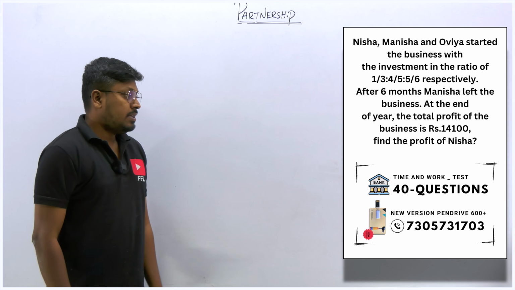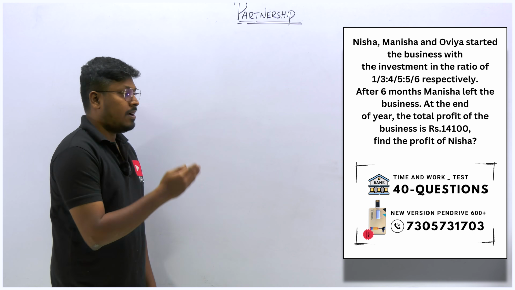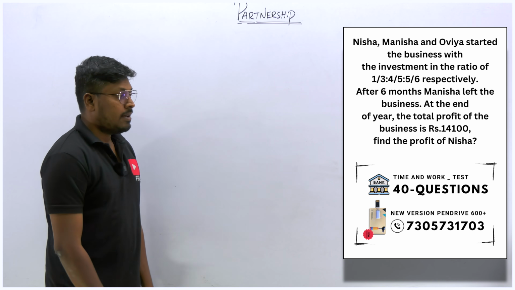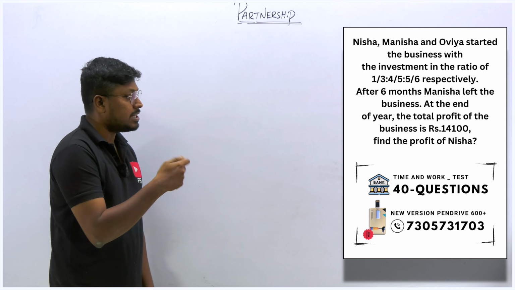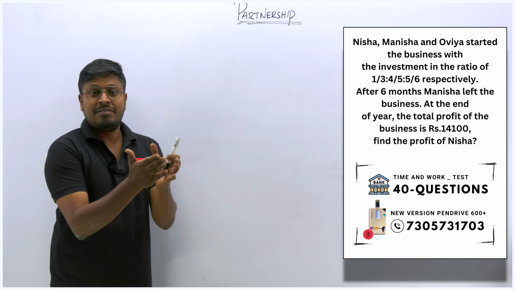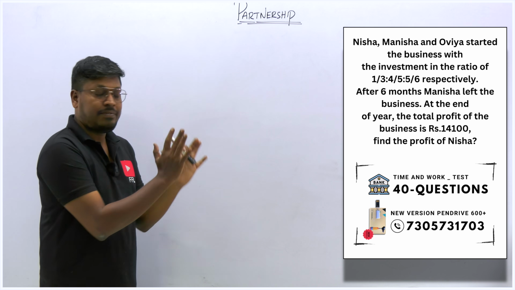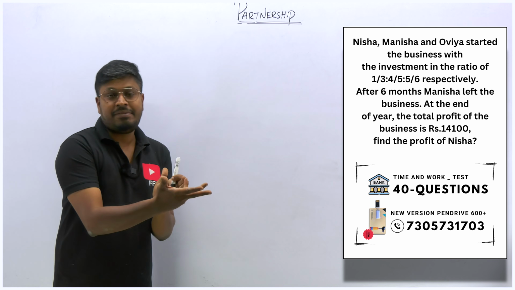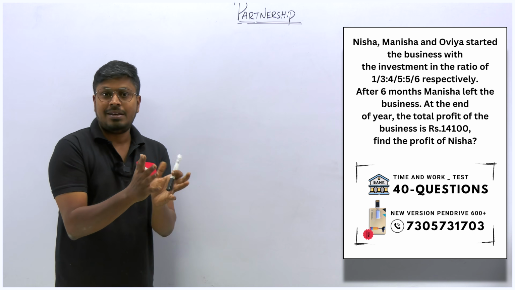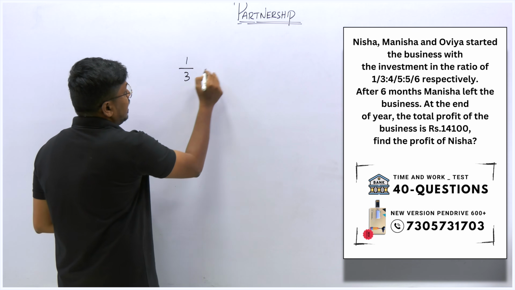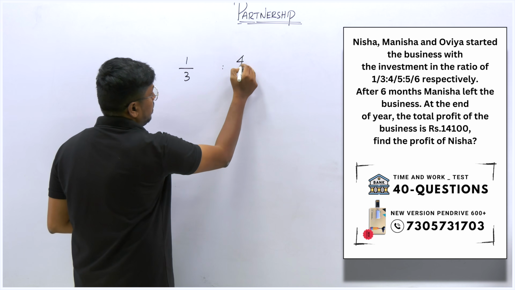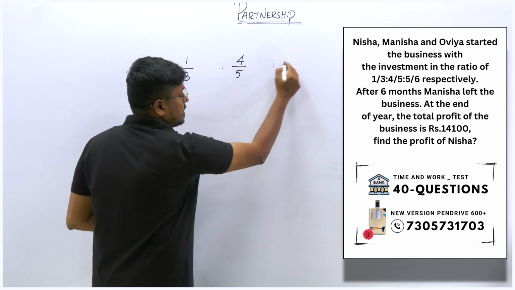Next question. Nisha, Manisha and Ovia started a business with the investment ratio 1 by 3, 4 by 5, 5 by 6 respectively. The ratio of the investment is directly given, because it can be a value or it can be a ratio, whatever it be. The first person's investment is 1 by 3, the second person's investment is 4 by 5, and the third person's investment is 5 by 6.